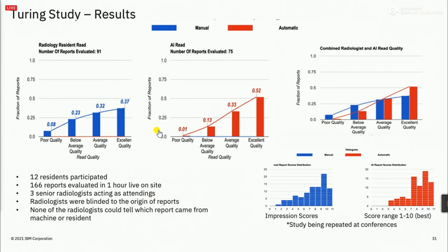So you can see from here, across the four categories that we looked at, when we overlay the two, you can see that, at least for this batch of things that we used, the machine seemed to have come out better on the more excellent quality reports than the radiologists. In this particular case. And then the impression scores also went along these lines.